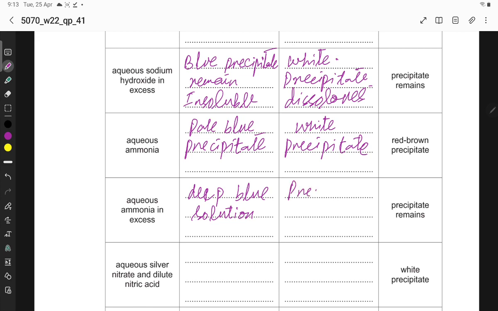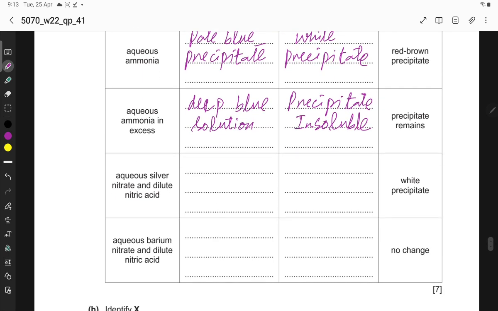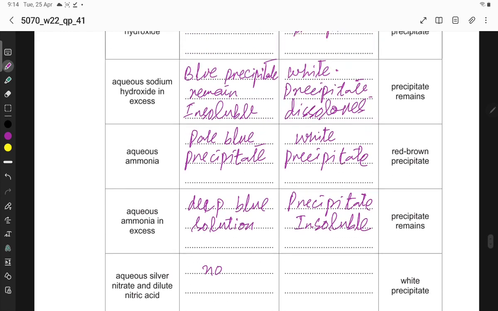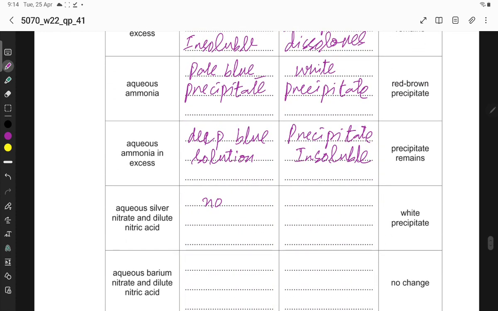Precipitate insoluble. Aqueous silver nitrate solution, no change because sulfate ions are along with copper 2 ions, no change.